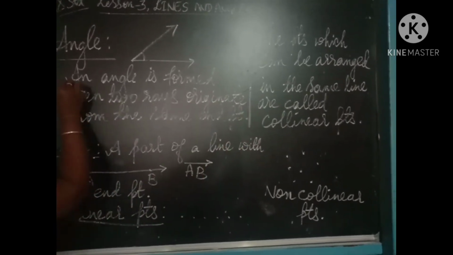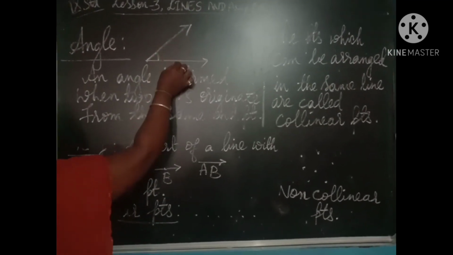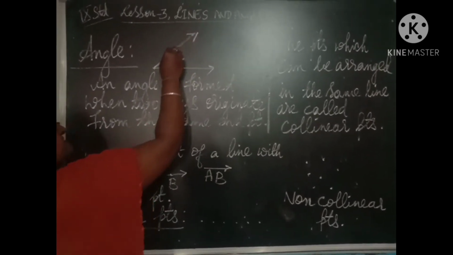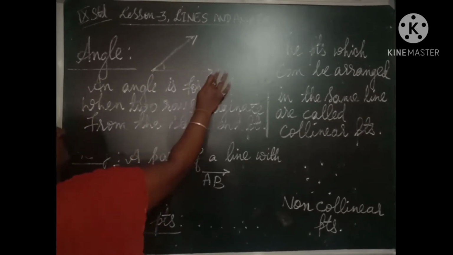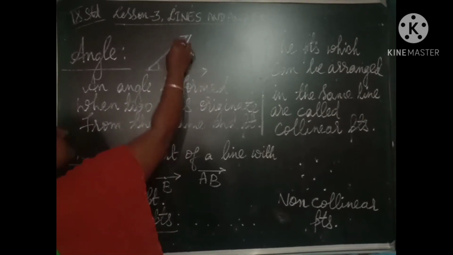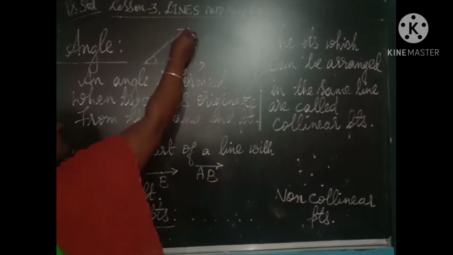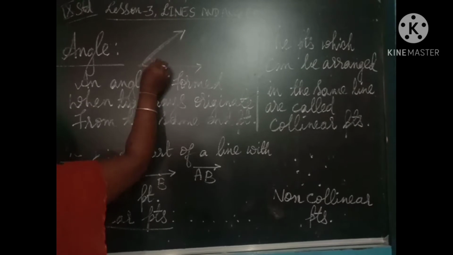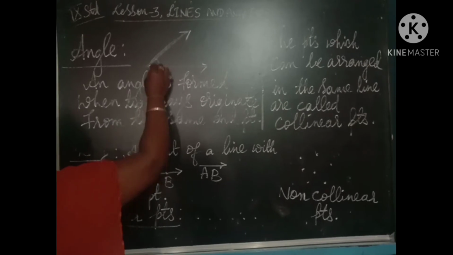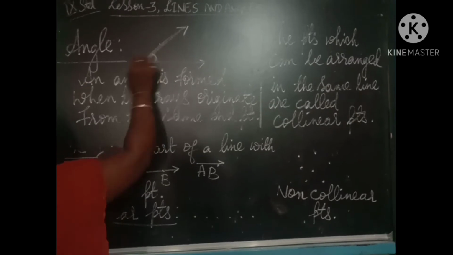See here, children, these are the two rays. Just now I explained what a ray is, is it not? When we draw two rays like this, it forms a common endpoint. Two rays originate from the same endpoint, this is the endpoint, and it is called the common vertex for both rays. And here it forms an angle.